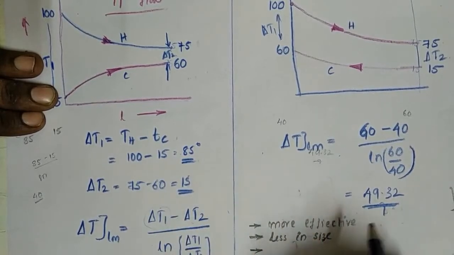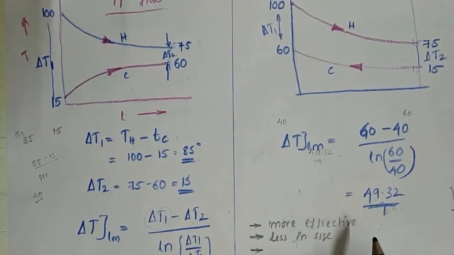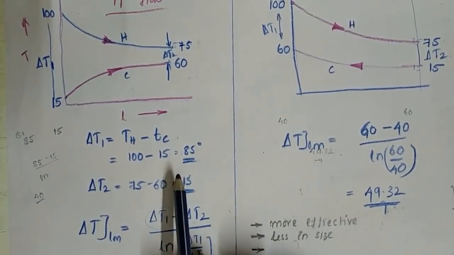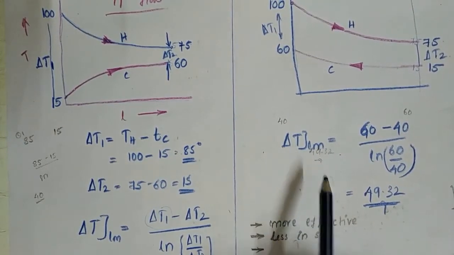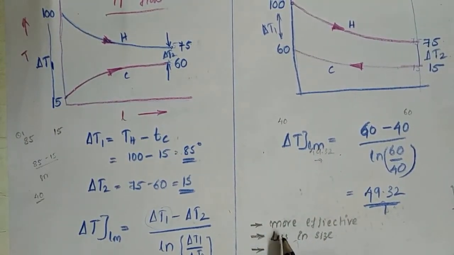That means if you need to suggest a good heat exchanger with the same inlet and outlet temperatures, we need to go for the counterflow heat exchanger, because it is more effective compared to the parallel flow heat exchanger, and it has a higher heat rate. That high heat rate means we can design it to be compact, or smaller in size, compared to the parallel flow heat exchanger.